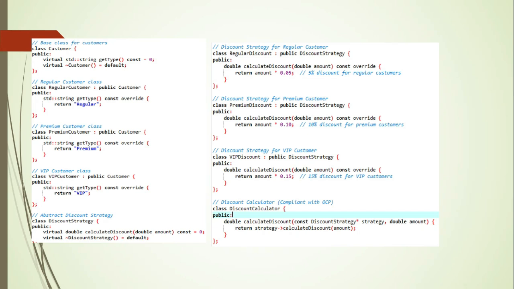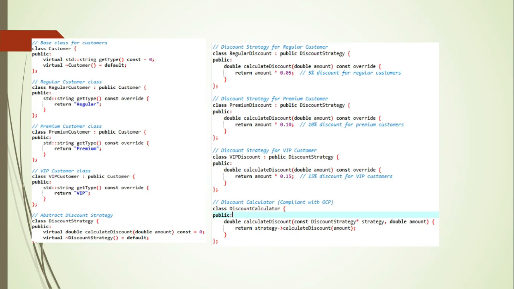Okay. Another point is that the discount calculator class is closed for modification. The discount calculator class defines a method calculate discount that calculates the discount using any strategy or any new strategy you add in future.